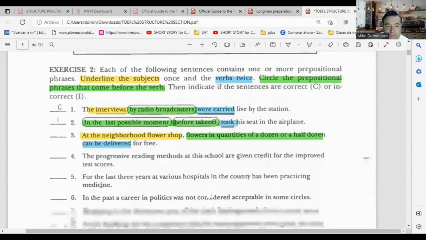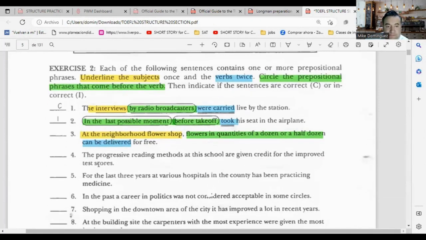Very good. Number 4: "The progressive reading methods at the school are given credit for improved test scores."